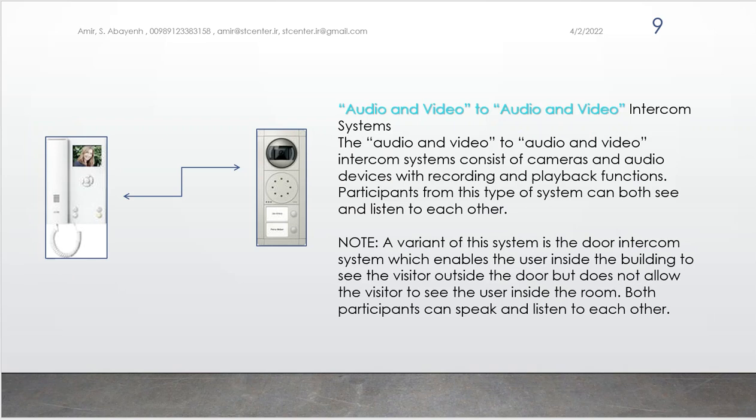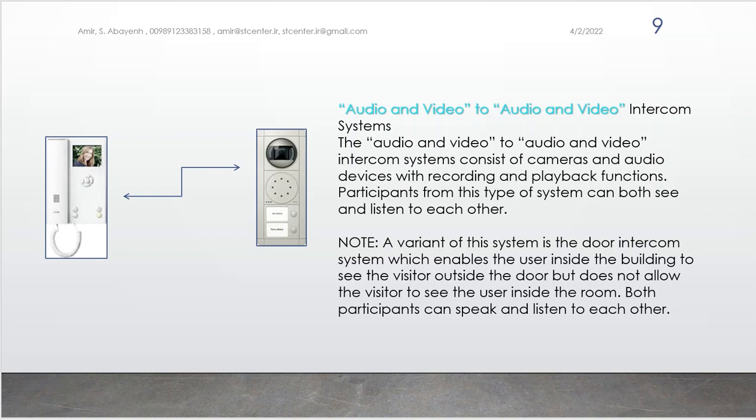In addition to what we learned for audio intercom, we have the audio and video intercom. The audio and video intercom system consists of cameras and audio devices with recording and playback functions. Participants in this type of system can both see and listen to each other.